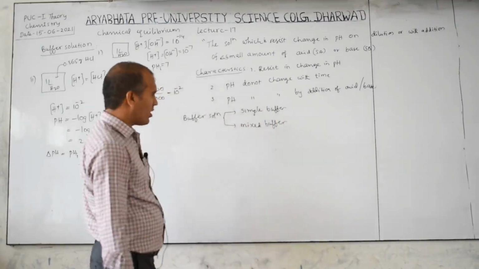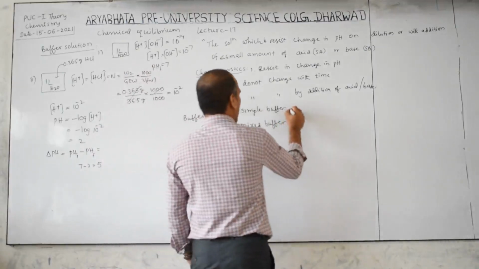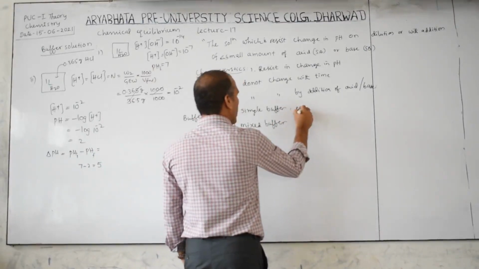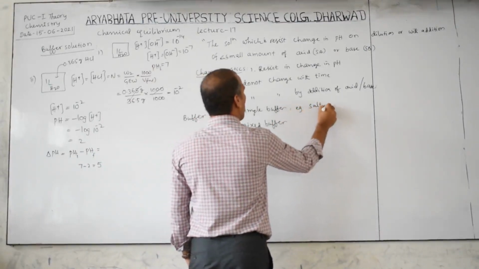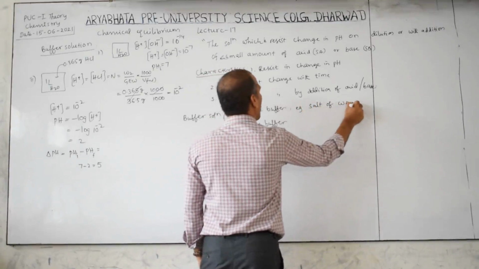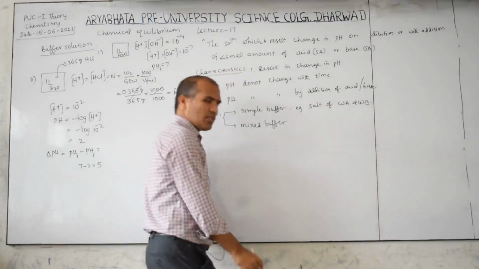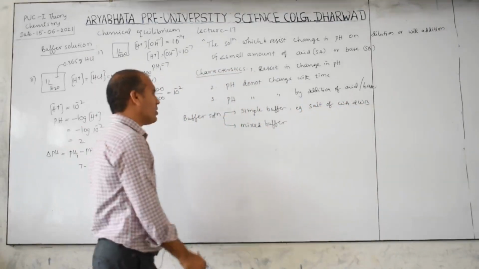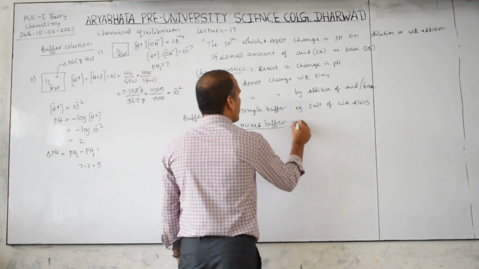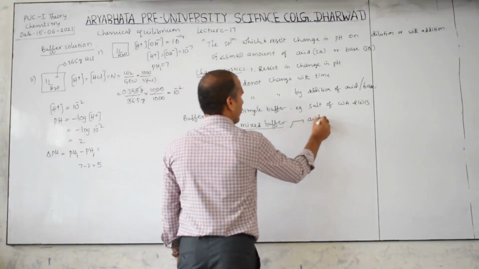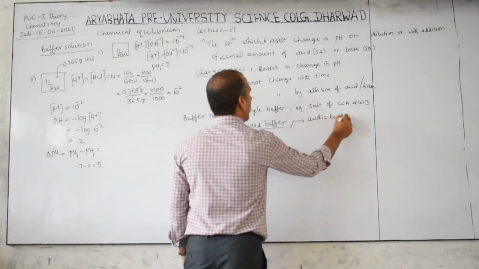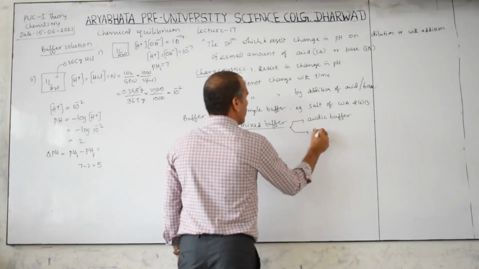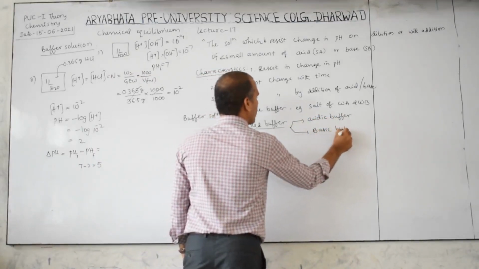In this simple buffer, example is salt of weak acid and weak base. Mixed buffer, again two types, acidic buffer, another is basic buffer.